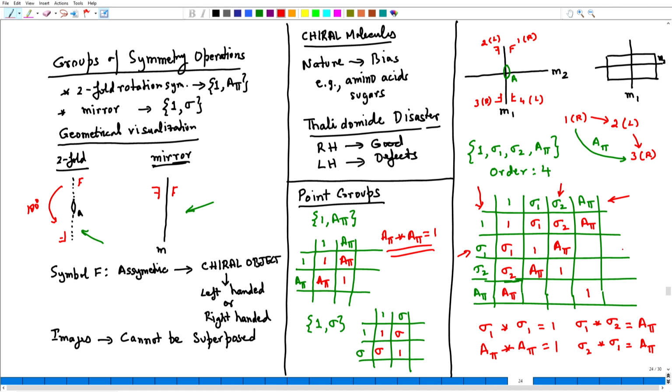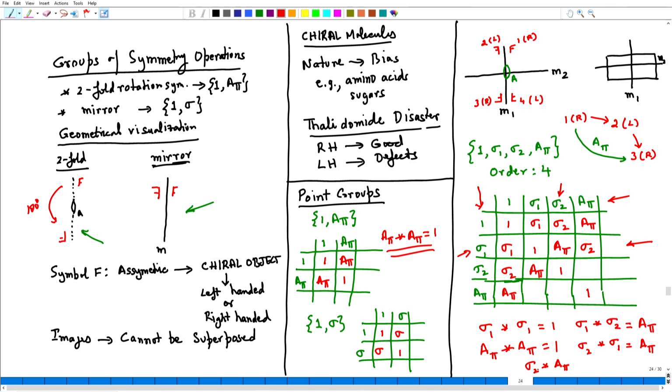If I look at this particular row, sigma 1, 1, A pi, the only thing that is missing is sigma 2. You can also verify it from the figure: I do an operation of A pi, and follow it with sigma 2.